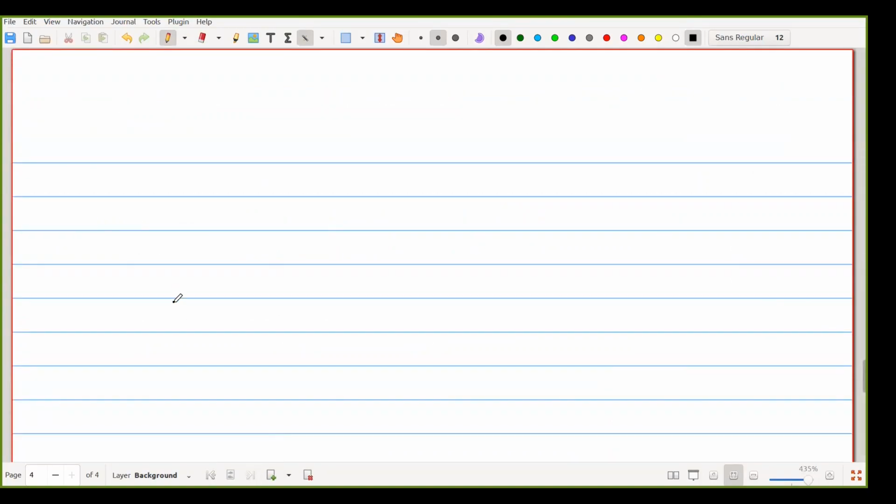Next, another one. Suppose now square root of minus 9 plus square root of minus 16. So that one we can write, square root of minus 1 as i, so i square root of 9 plus i square root of 16.